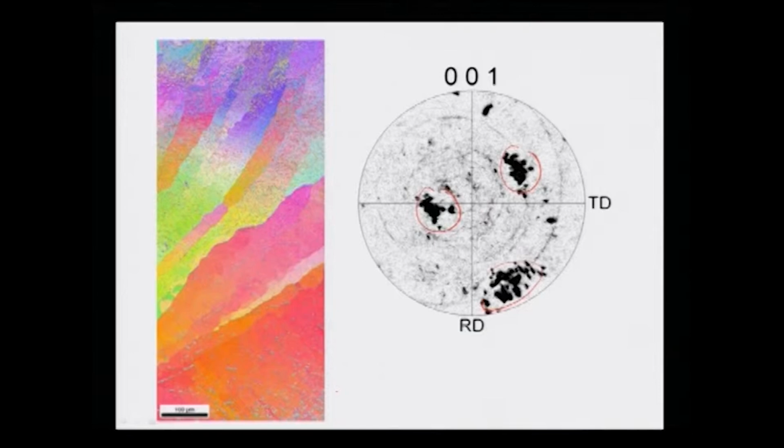Actually, this red is close to 001, and blue is close to 111, and the magenta is close to 011. So, therefore, one can see these different grain orientations and obtain this inverse pole figure, and then find out where this majority orientation is coming into the picture.